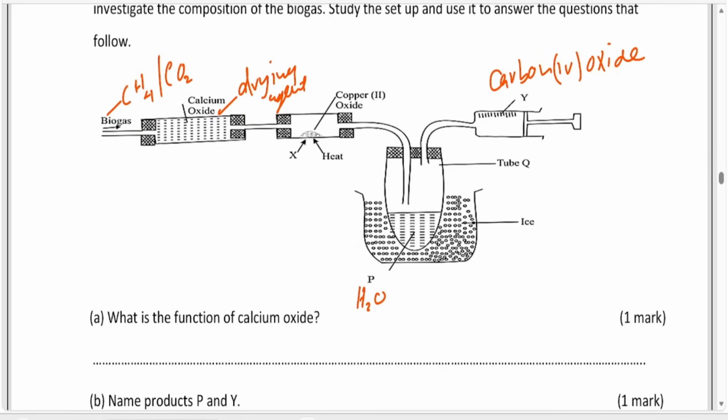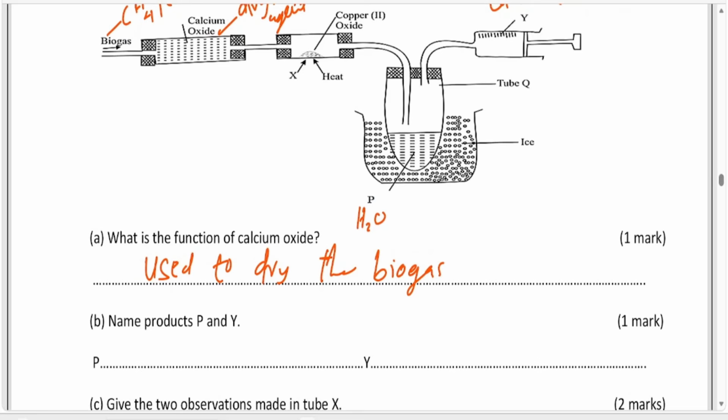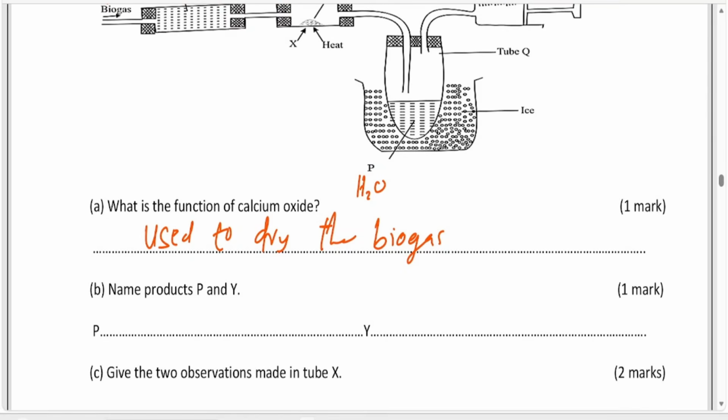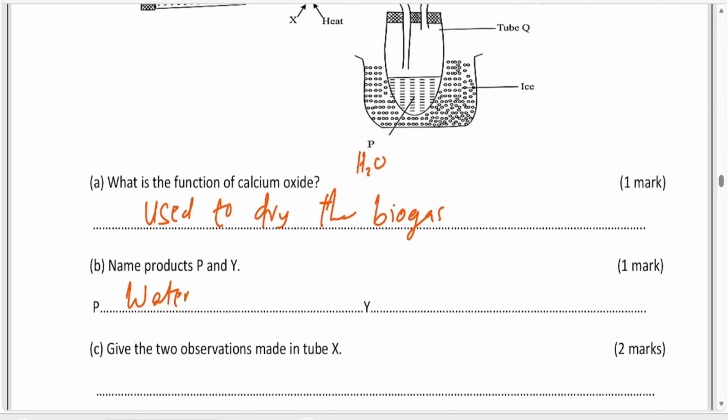It is used to dry the biogas. Name product P. Product P shall be water, and product Y shall be carbon dioxide.